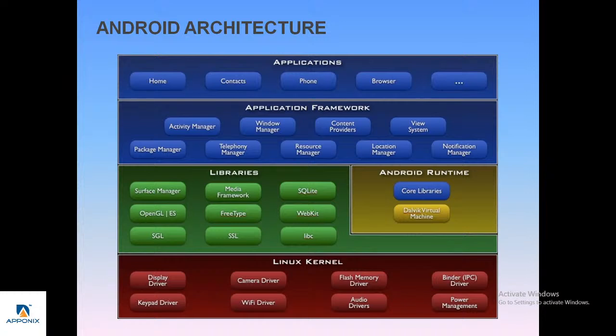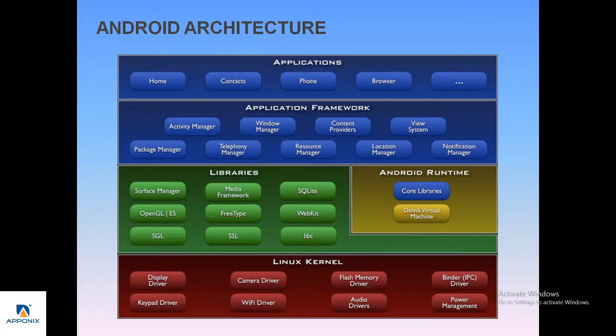Though C and C++ are middle level programming languages, most of the libraries are written in those two. In the Android runtime, the second section of the second layer, you can see core libraries and the Dalvik virtual machine, that is DVM.